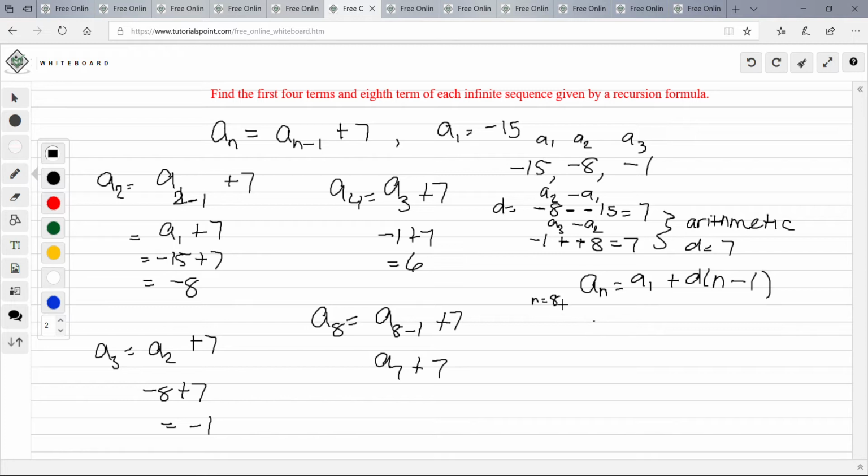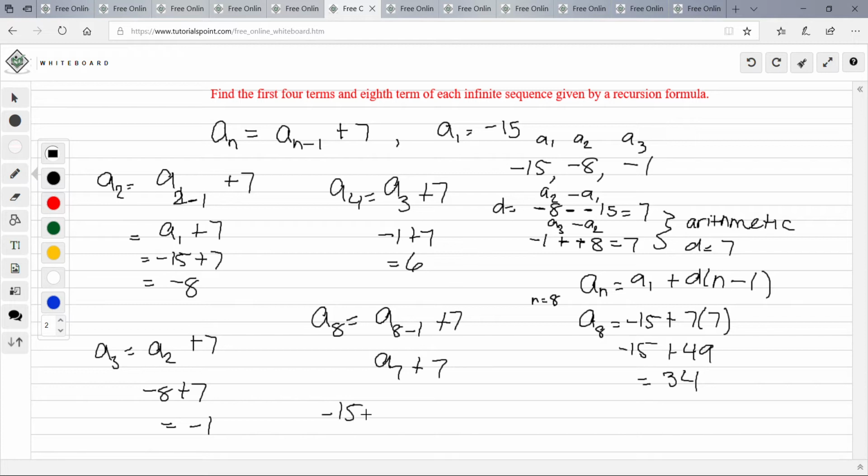So a8 equals the first term, negative 15, plus the difference, which is positive 7, times n minus 1, and our n is 8, so 8 minus 1 is 7. So that's 49 minus 15, and that should give us positive 34.